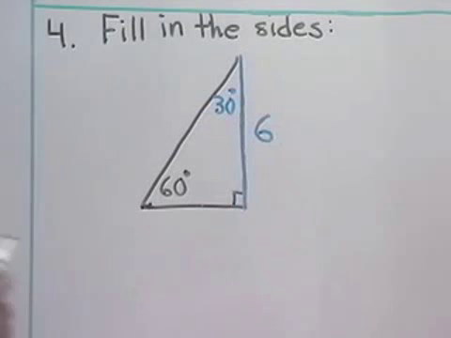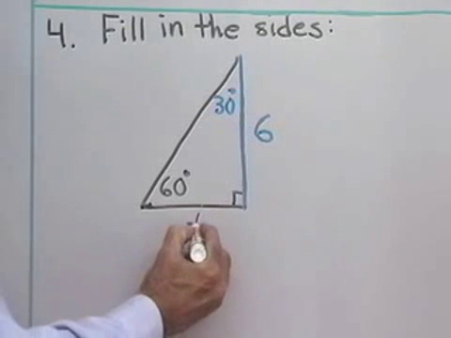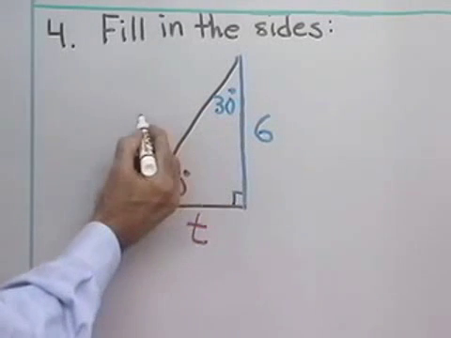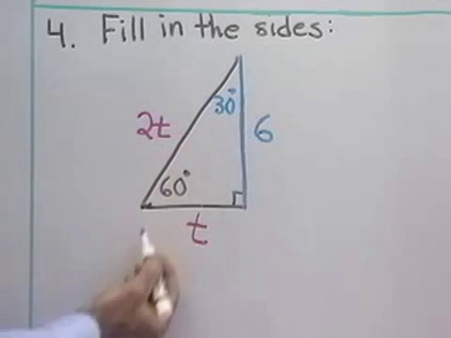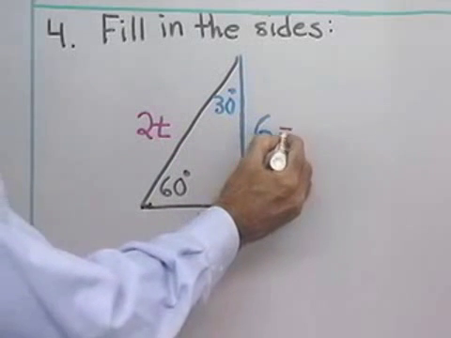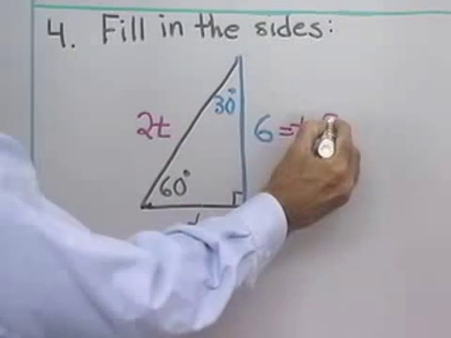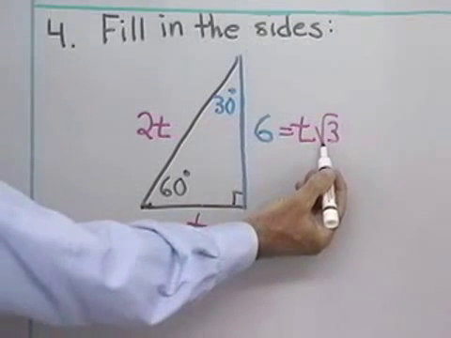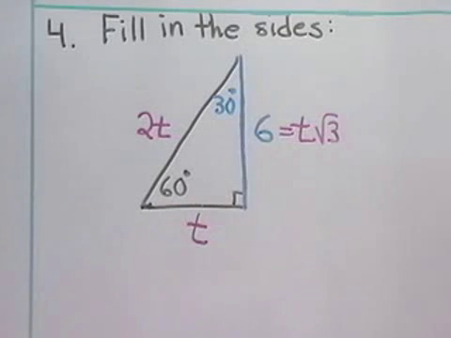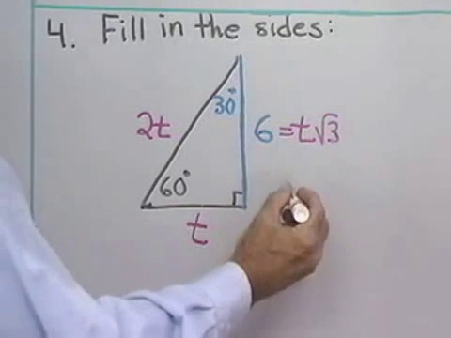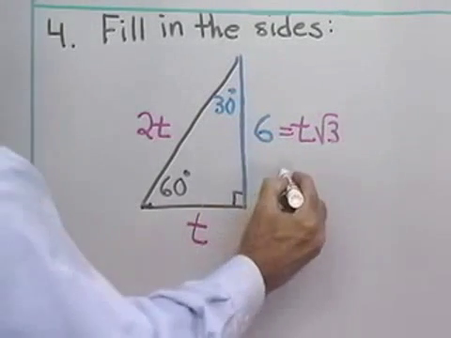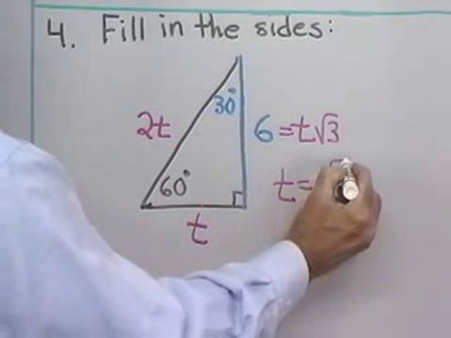I know for all these triangles that if the shortest side is t, then the longest side is going to be 2t, and the third side is going to be t square root 3. So that means that t square root 3 must be equal to 6. I'll divide both sides by square root 3.